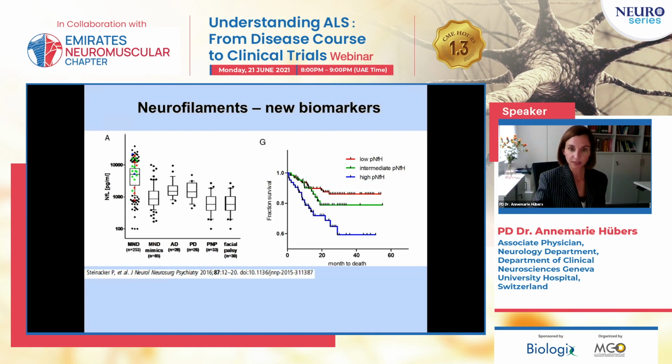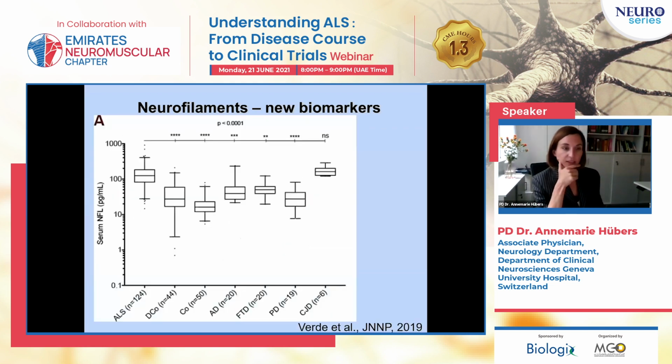Here you can see months to death or the survival curves of different patients with the highest level of neurofilaments showing the most aggressive disease course. Luckily, we know that we don't have to necessarily check these biomarkers only in the spinal fluid. We can also check them, which is much easier, of course, for the patients, in the blood.